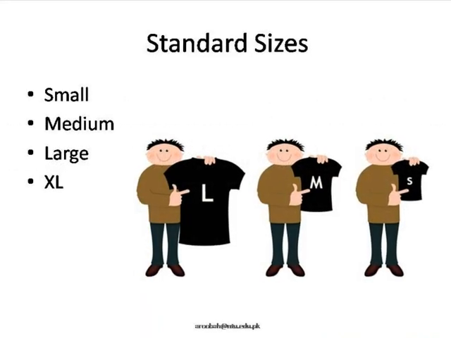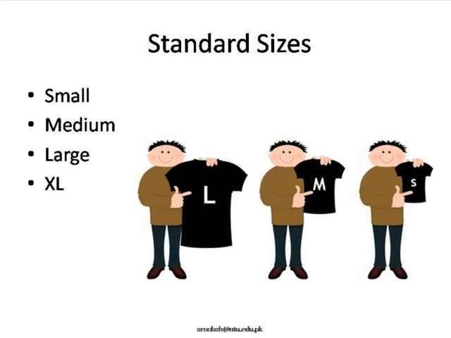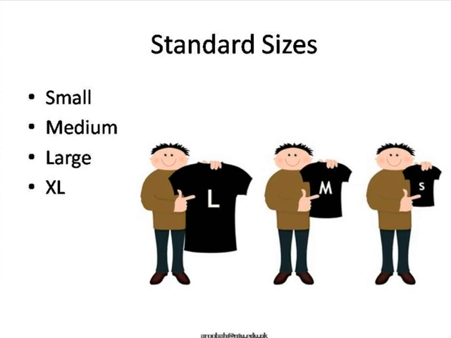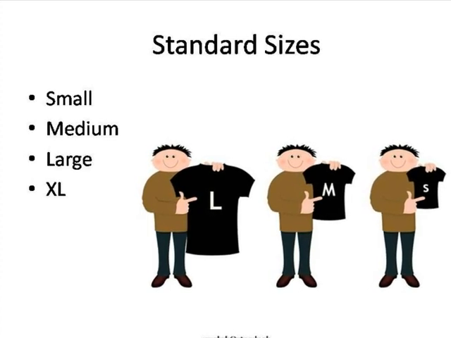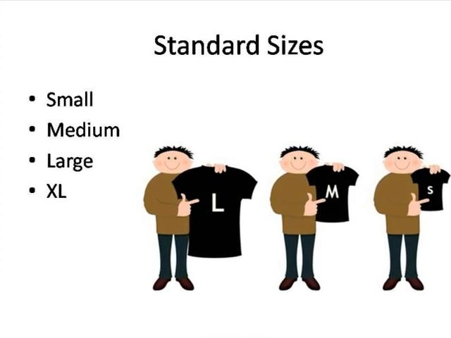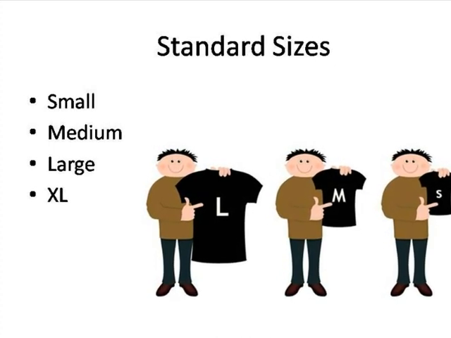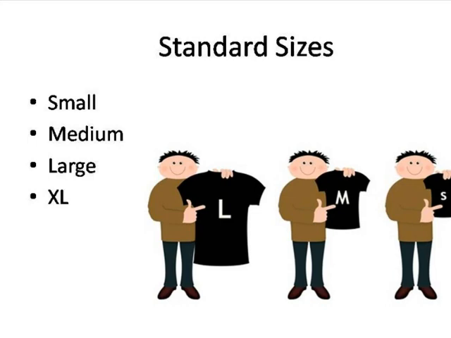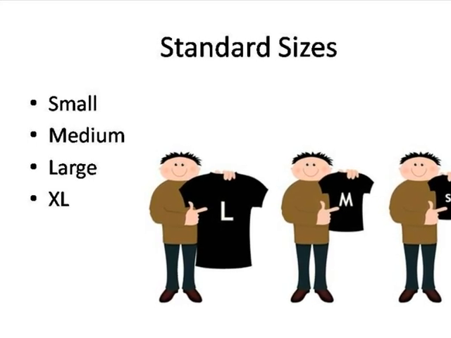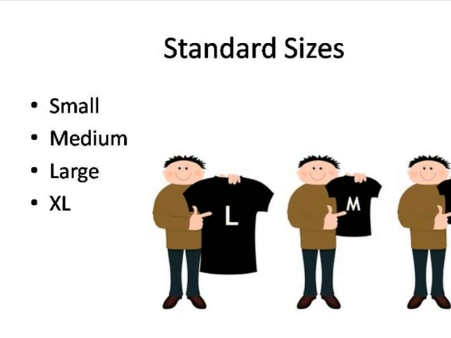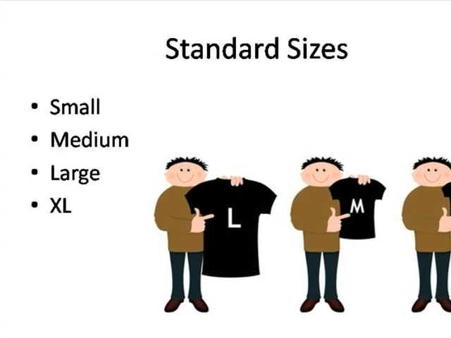The very first thing attached on labels or tags is the standard size. What is the size of the selected product? Is it medium, small, large, XL or double XL? This is the first thing we see after selecting the design, whether your size is available in your selected design or not.